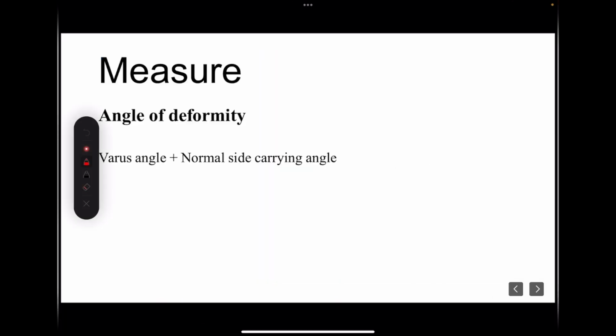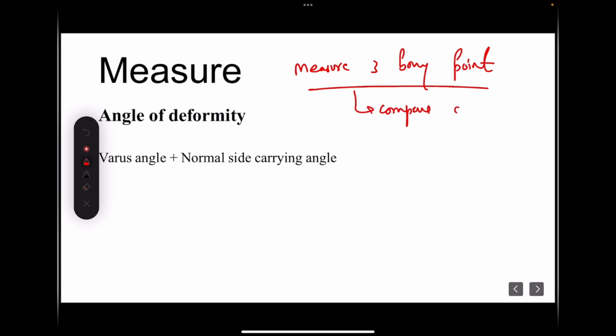Now coming to the measure part, always measure the three bony points. All the limbs should be measured and compared with the opposite side. That will tell you whether they are comparable or not. After that, you should always measure the angle of deformity. What is the angle of deformity?